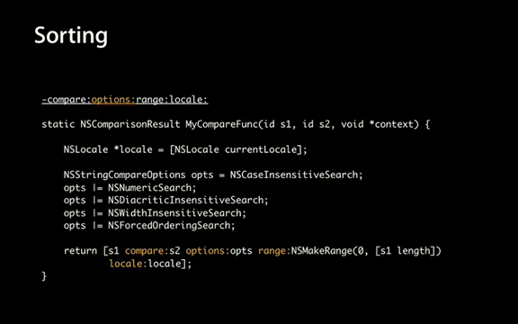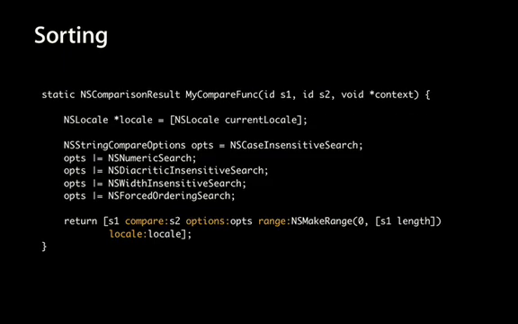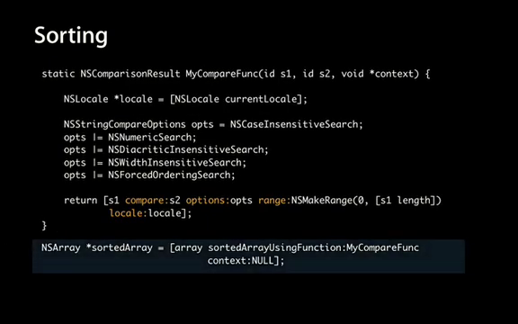So after specifying those options, you can use the compare options range locale method to return the result. And we provide convenient methods like sorted array, using a function like this, so that you could have a nicely sorted array of strings.